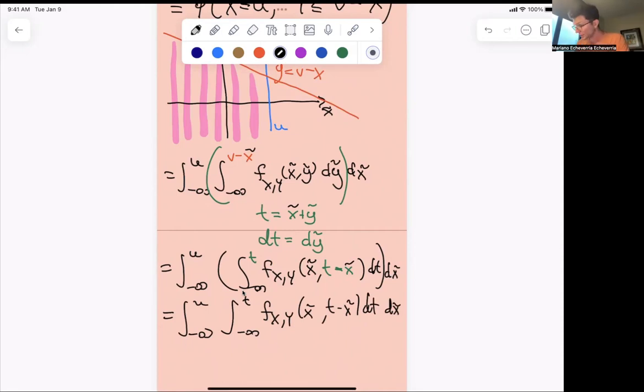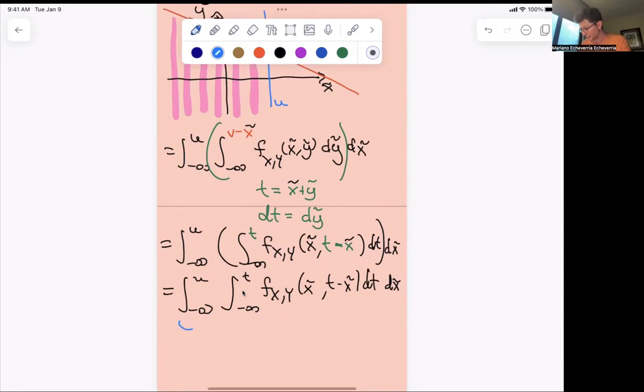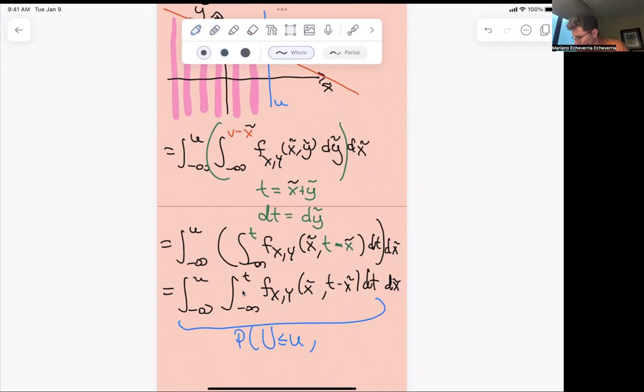Okay, so this stuff equals the probability that u is less or equal to u and v is less or equal to v. Oh, and then I should have made... Yeah, this is fine. Did I do something silly here? Okay, I do have to fix something.